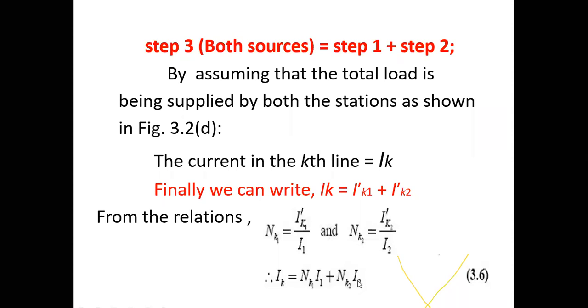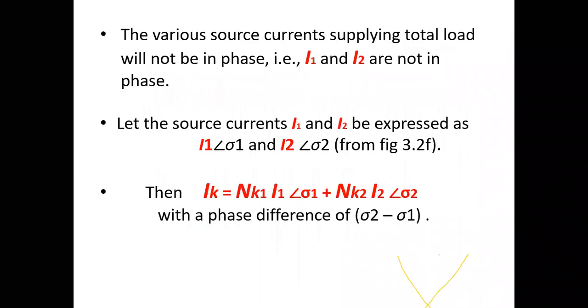Already I told you, these I1 and I2 currents are drawn from source 1 and source 2, which are displaced by some phase angles: sigma 1 with respect to the reference in the case of I1, and similarly sigma 2 in the case of I2. So what we are going to see is that we cannot directly add these two, and that's why we go for vector summation.